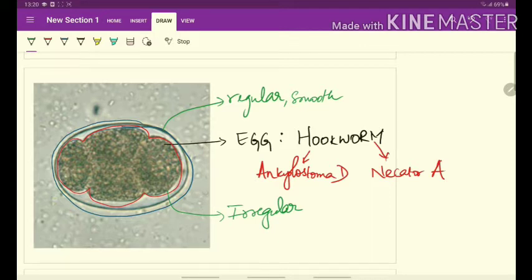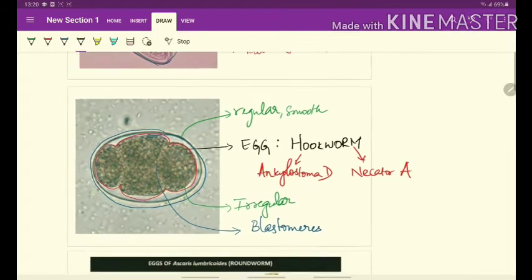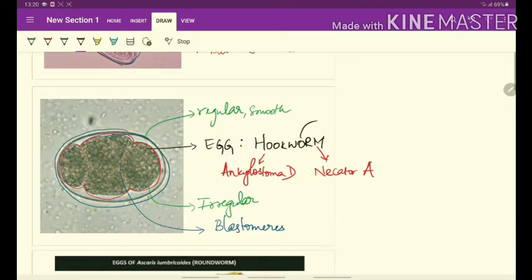It resembles the structure of a mitochondria, and the embryo is arranged in the form of many blastomeres. The hookworm egg is also non-bile stained and floats in saturated salt solution.